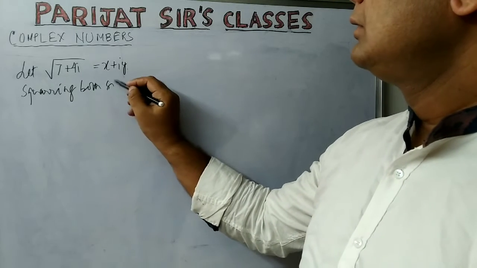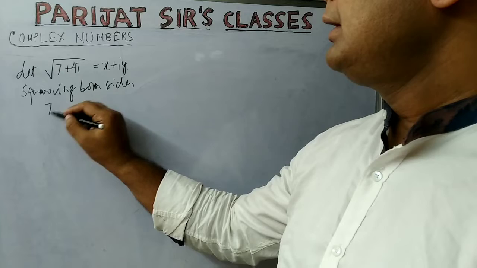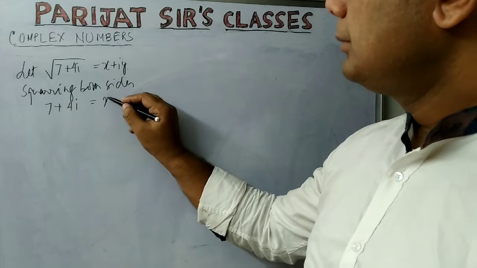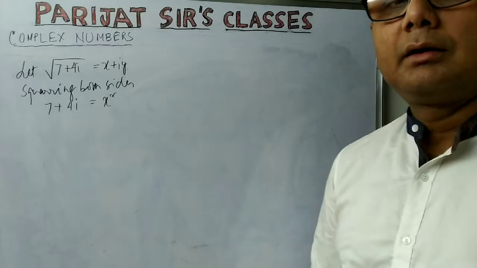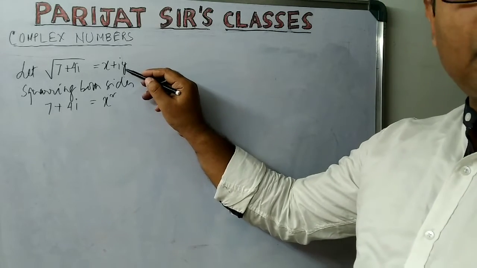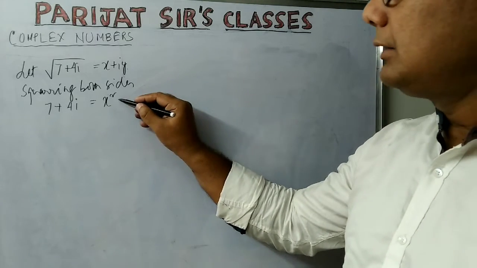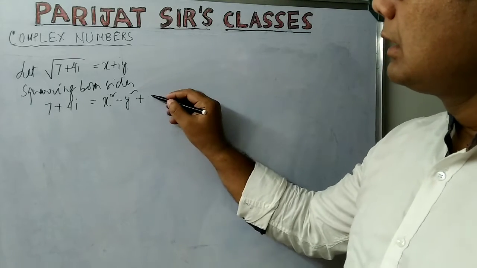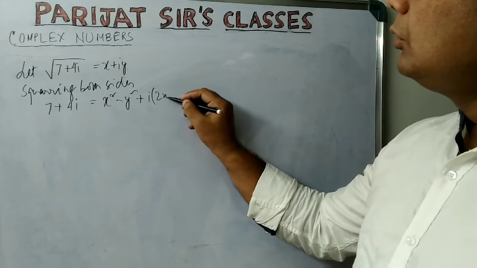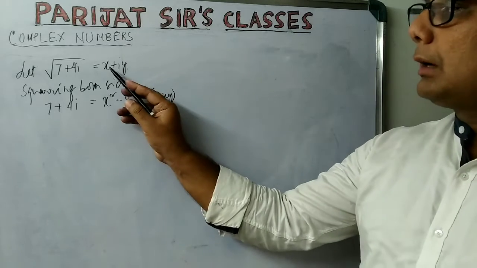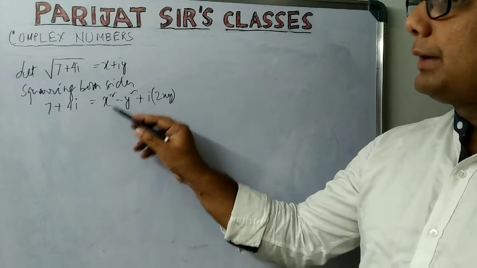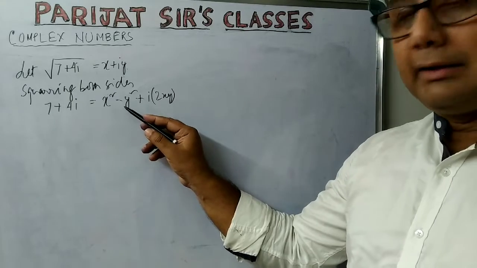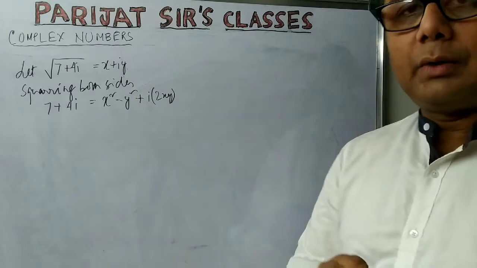Squaring both sides, what do we get? We get 7 plus 4i is equal to, this will become x square plus i square y square, but i square is minus 1, so which is minus y square plus 2ixy.